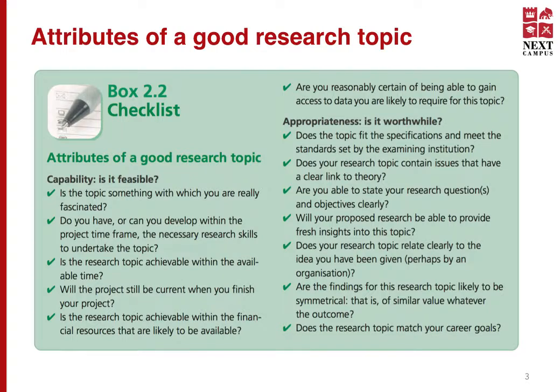In other words, is this research topic feasible? The second area is appropriateness, or is it worthwhile to conduct this research? Let's focus on some of the areas under feasibility. First one, is this topic something that you like? Because unless you have interest, you will not go through it for 1 year.